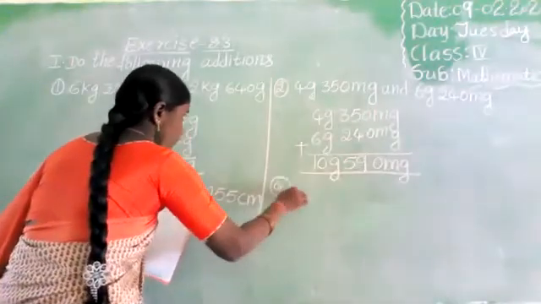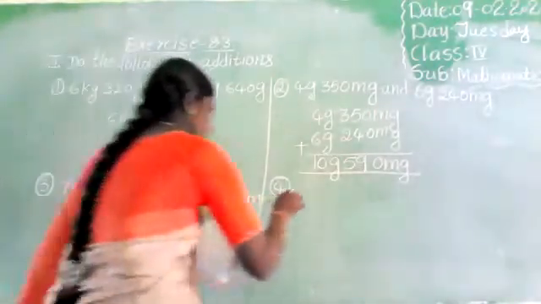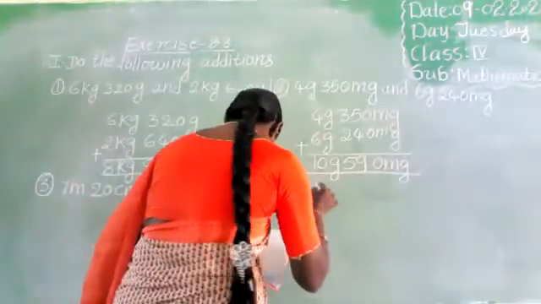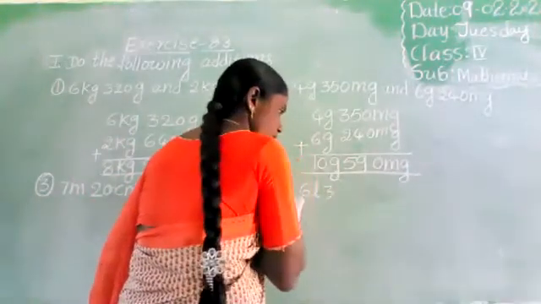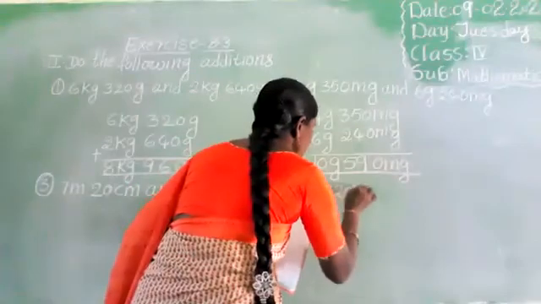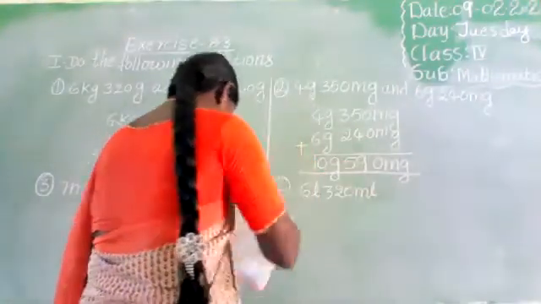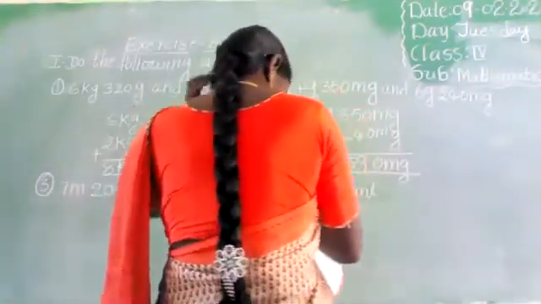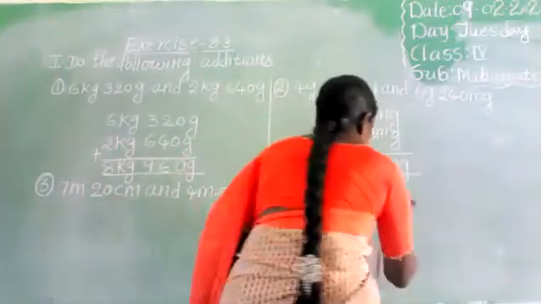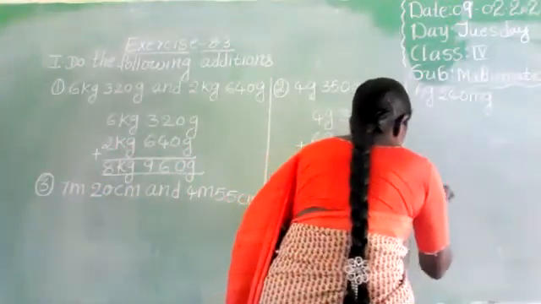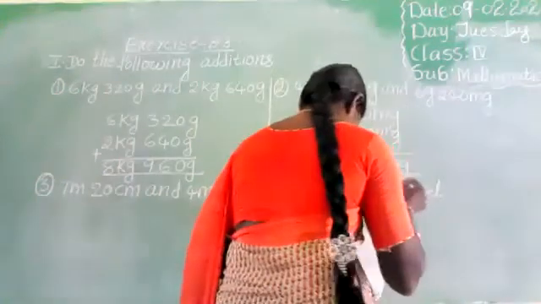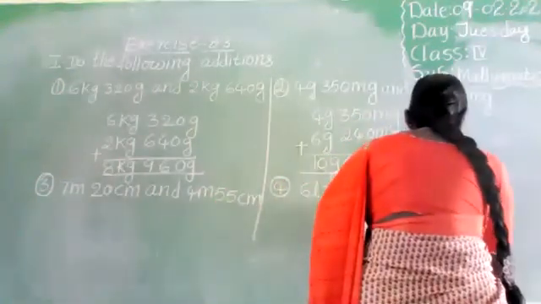Next one more, fourth one. 6 liters 320 milliliters and 4 liters 250 milliliters.